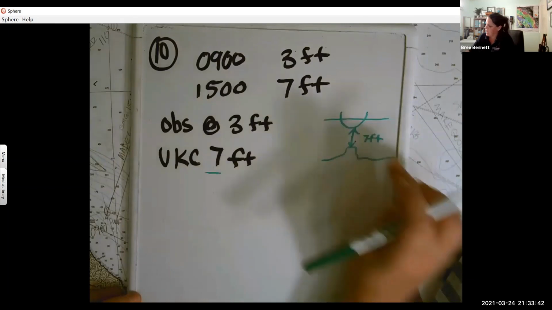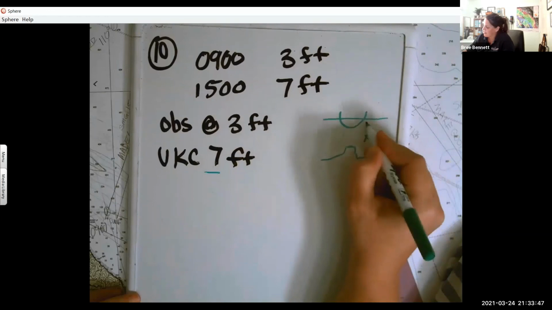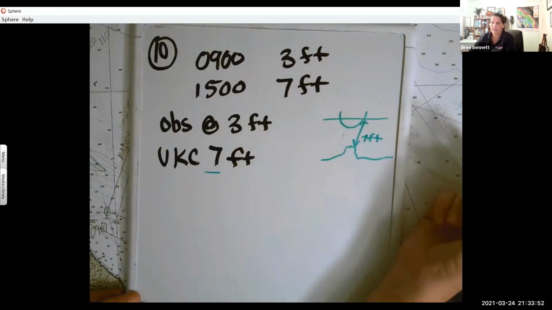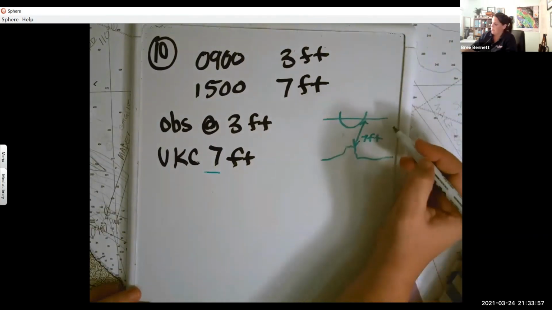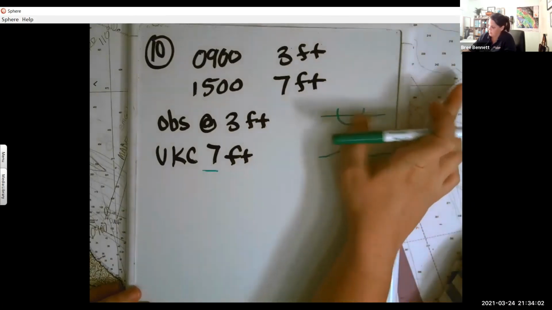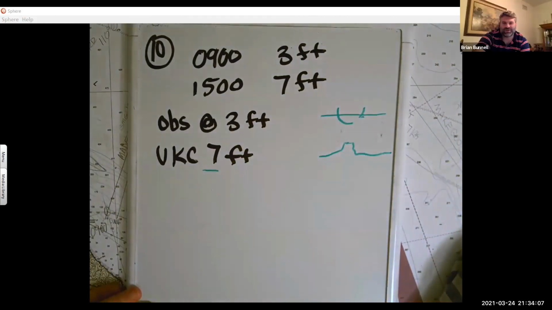Okay, it doesn't exactly say underkeel clearance. It says that I need water depth to be 7 feet. So I must have already calculated my safe underkeel clearance. The obstruction is, what the heck? I'm looking back at this. It doesn't tell me the charted depth of the water. You're right. Why doesn't it tell me that?